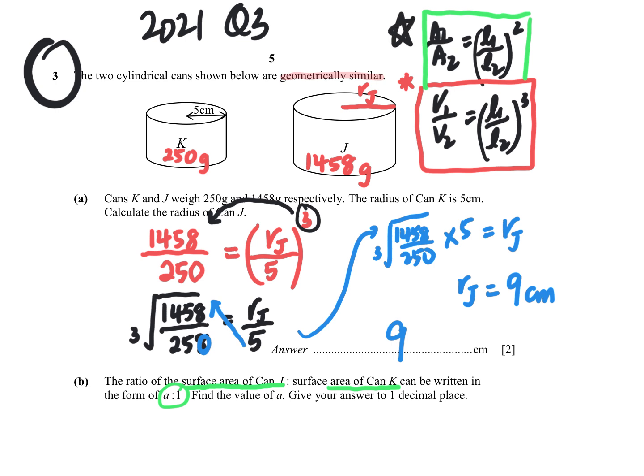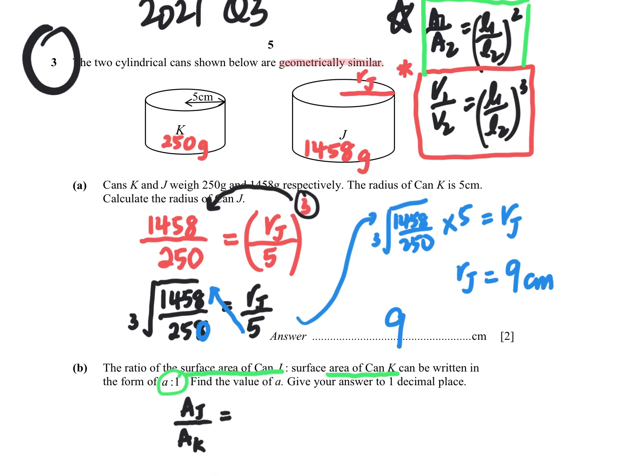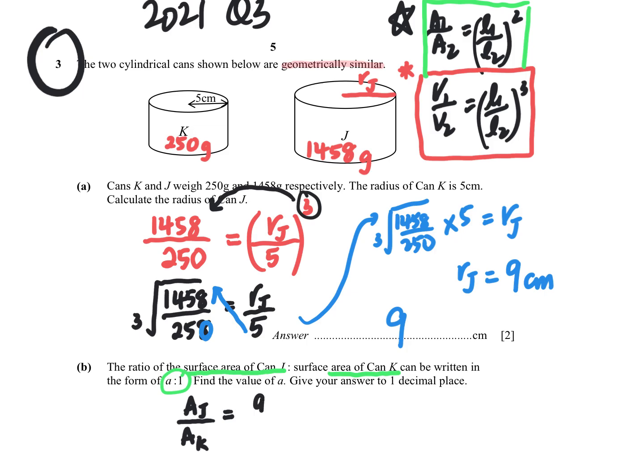To find the ratio of the area J to the area K, I have to use 9 over 5, and then what do I do to the ratio? Area, square. So you square it: 81 over 25.